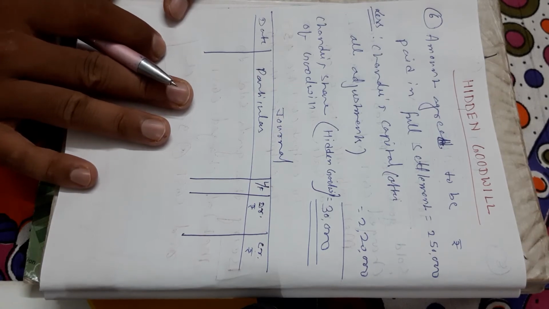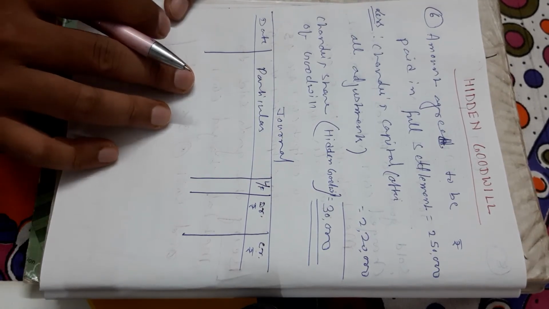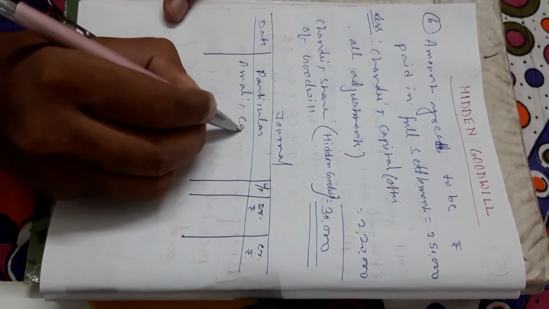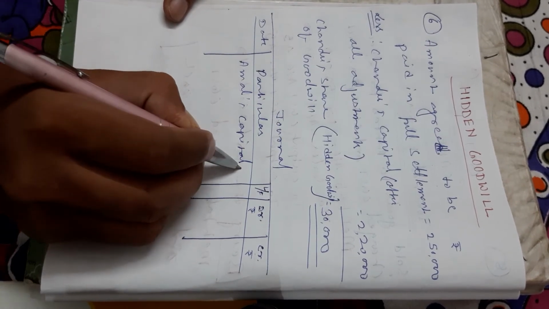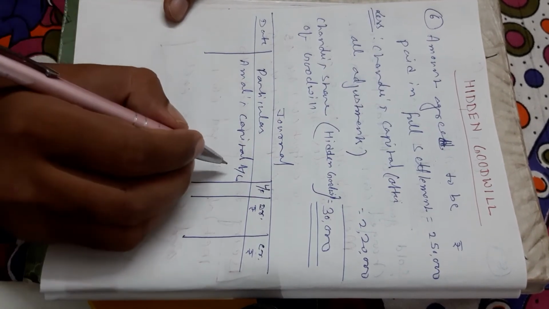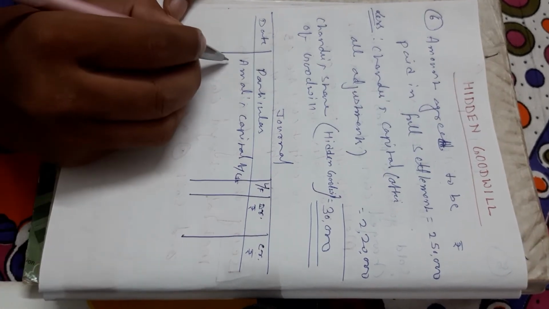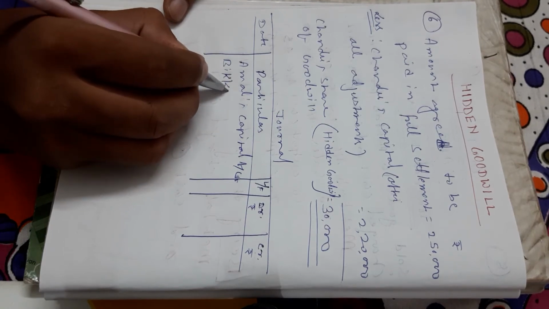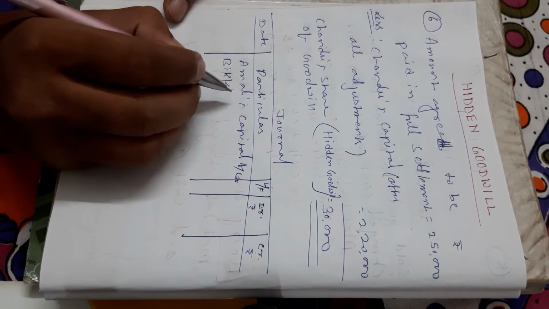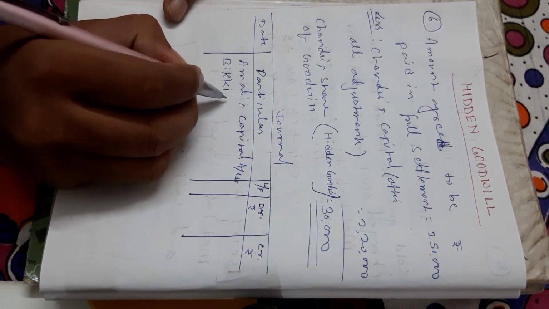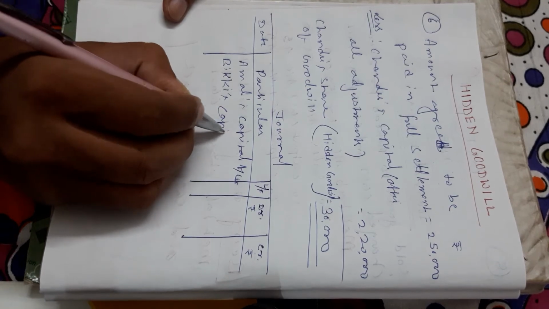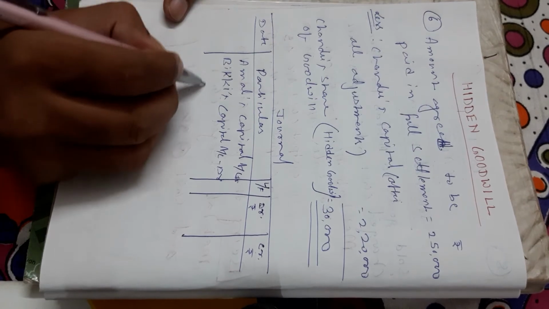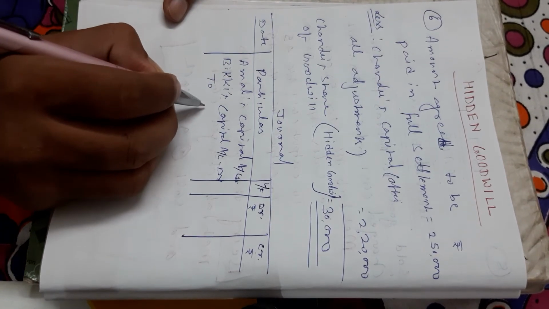At first you will have to calculate the gaining ratio. Amal's capital account debit, Vicky's capital account debit, to Chandu's capital.